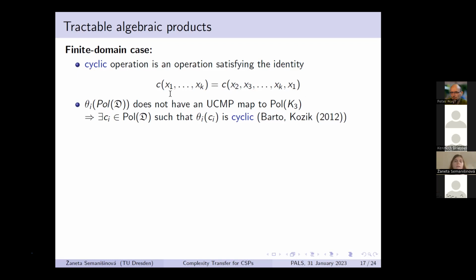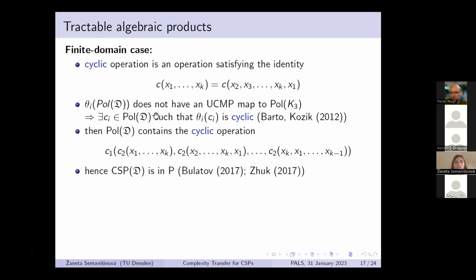the variables around, you satisfy the identity that the result doesn't change. And so what is known by results of Barto and Kozik from 2012 is that if you are not hard in one of the coordinates i, you don't have this uniformly continuous minor-preserving map to polymorphisms of K3, then you have an operation in your polymorphism clone that in one projection is cyclic.